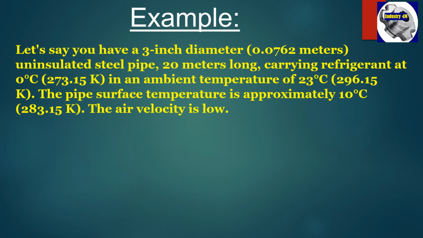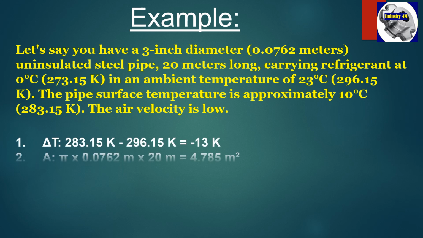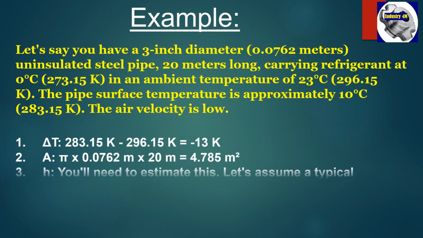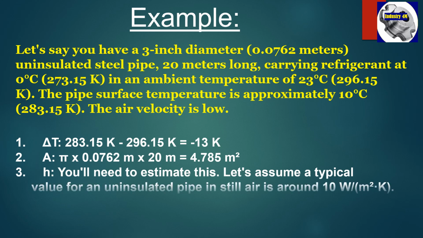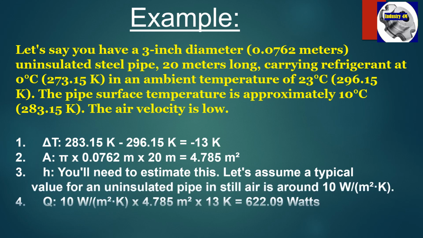So dear friends, let's place all these values in the formula, where delta T is 13, area of the pipe, pi d L, is equal to 4.785 square meters, H is 10 watts per square meter Kelvin, and when we calculate, Q, the heat loss, is 622.09 watts.